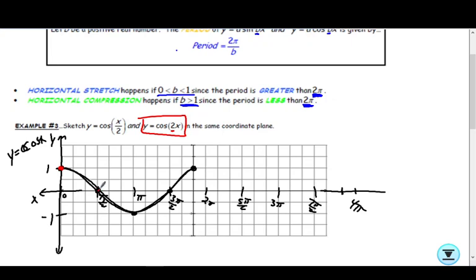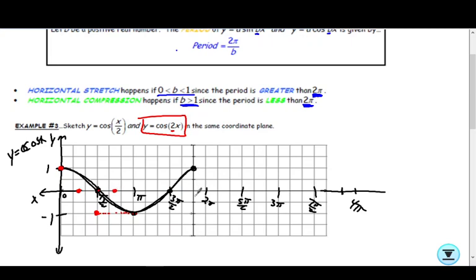This one here, pi over 2, cut in half, ends up being pi over 4. Pi cut in half would be pi over 2. So this one's shrunk to there. That one's right there. 3 pi over 2 divided by 2 is 3 pi over 4, which is right there.